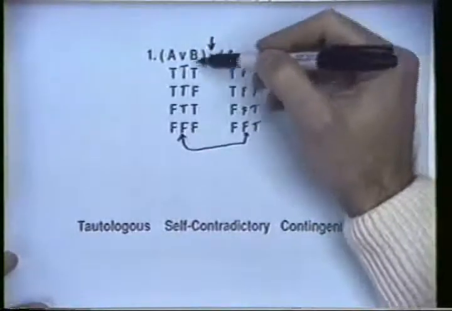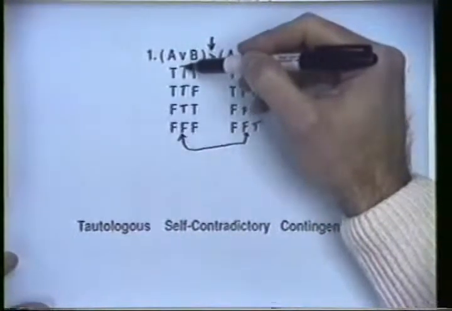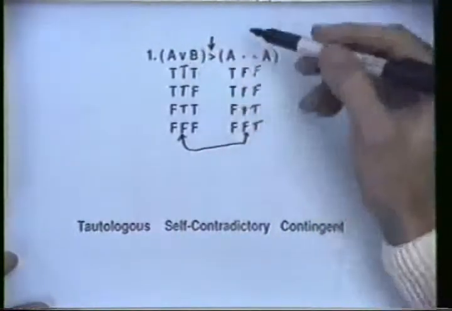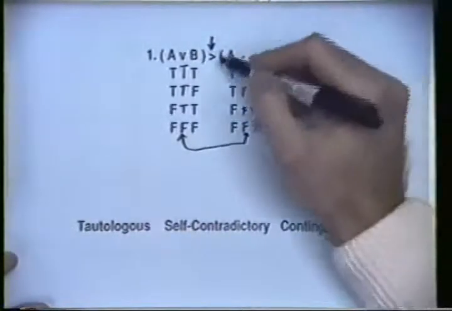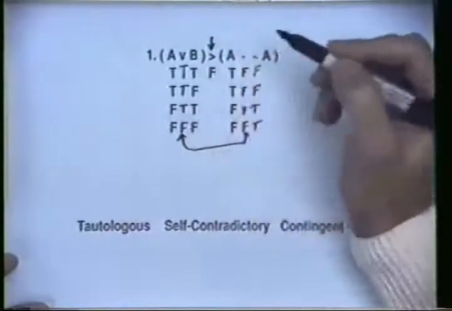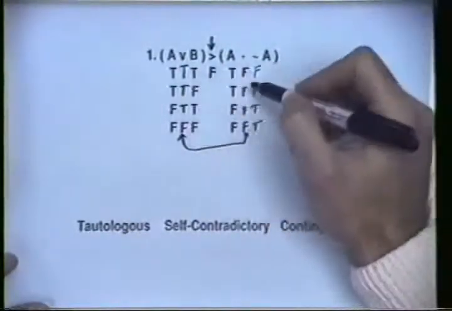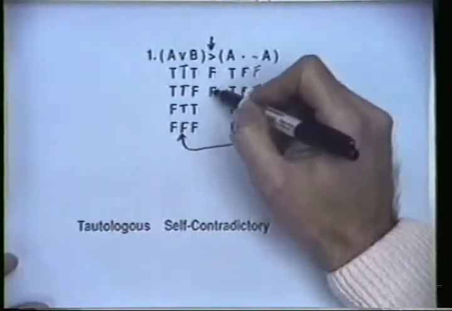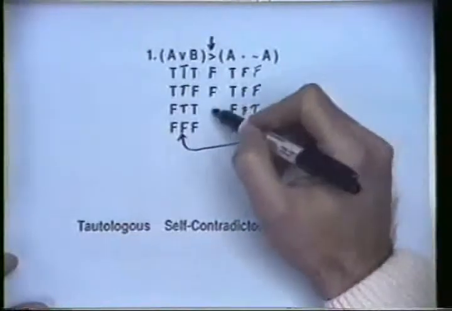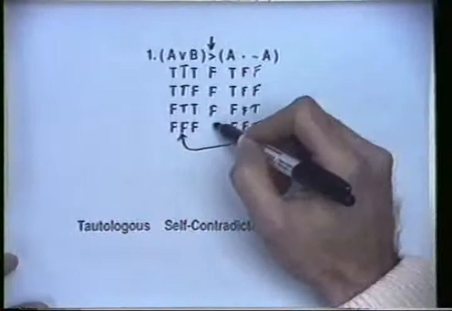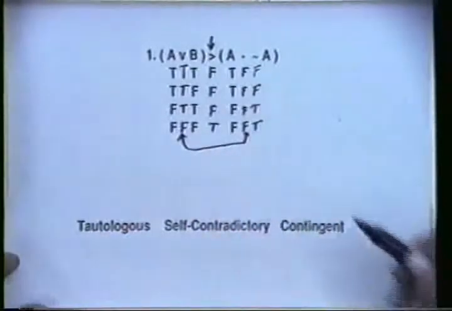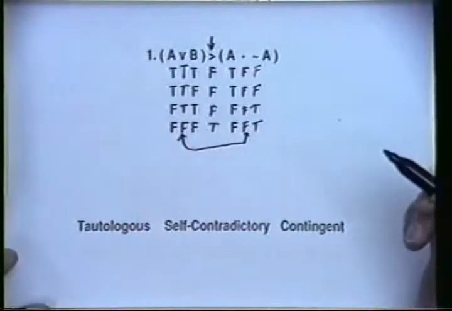So we need to ask what a true antecedent and a false consequent in a conditional generates. That, you'll remember, generates a false conditional. And so once again we've got true, false here, so the answer is false. True, false there, and false, false here. So the answer on that last case is true.